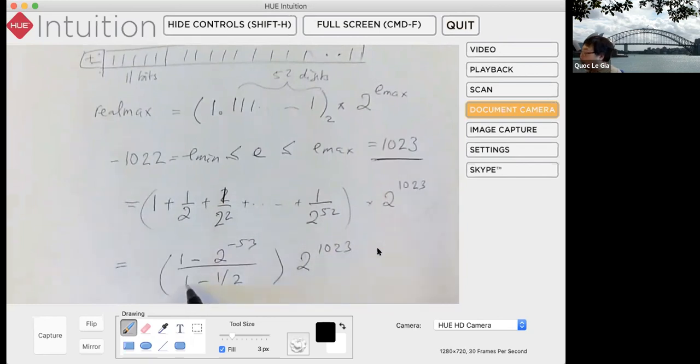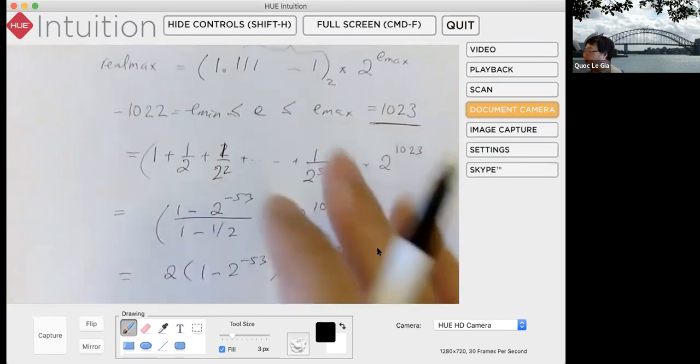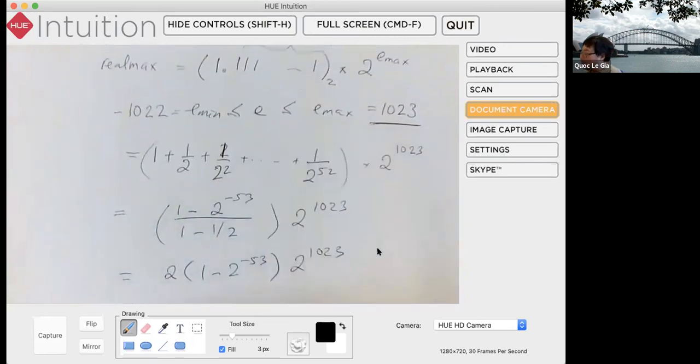And 1 minus 1/2 is 1/2, and you flip it, so it becomes 2 times 1 minus 2 to the minus 53, times 2 to the 1023. Now this becomes 2 minus 2 to the minus 52, times 2 to the 1023.